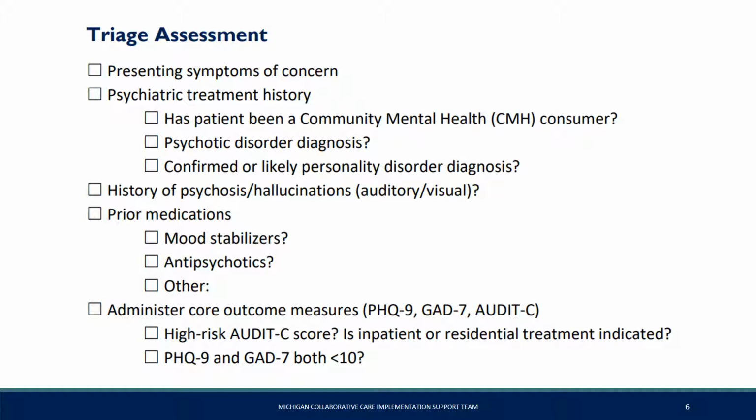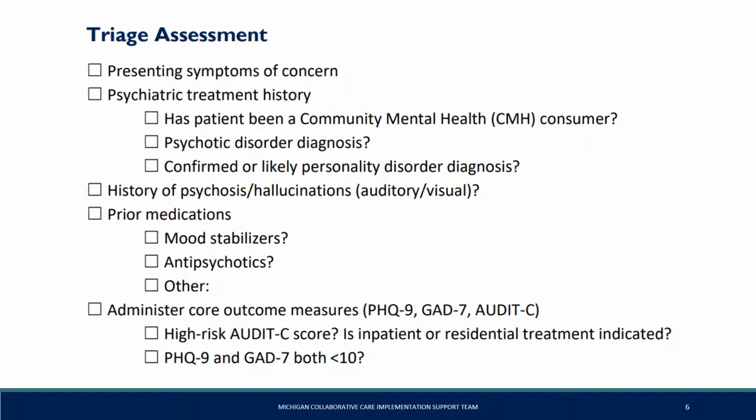Patients could certainly still be treated in the collaborative care program if they have something like this documented or reported, but this is good information for us to have in terms of our decision-making for whether to enroll the patient. We would also like to know about a history of psychosis or hallucinations, whether auditory or visual, so not just the diagnosis, but whether there's been any report.